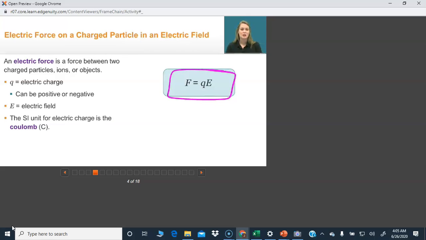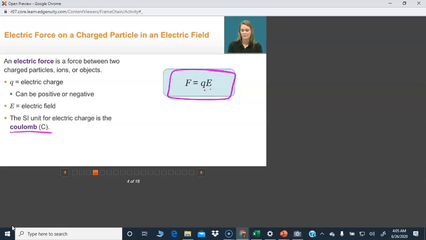The electric charge is represented by a lowercase q and can be positive or negative. Electric field is represented by a capital E. The unit for charge is C for coulombs. And the units for an electric field are newtons per coulomb. When multiplied together, the coulombs cancel, leaving newtons for force, which is what we would expect.